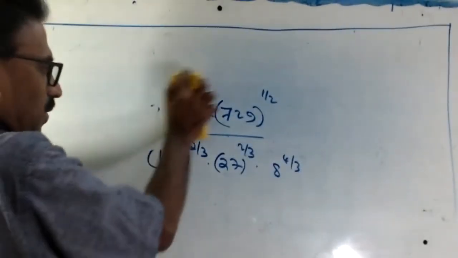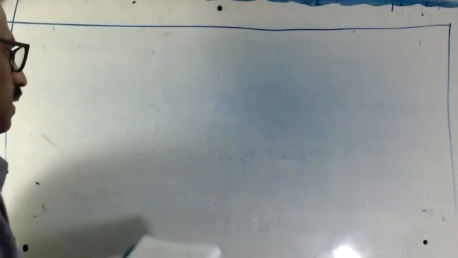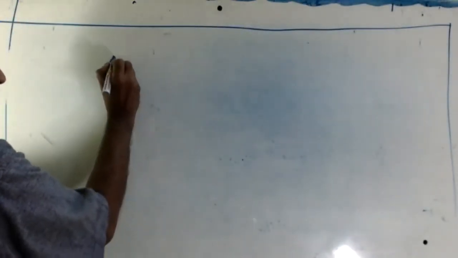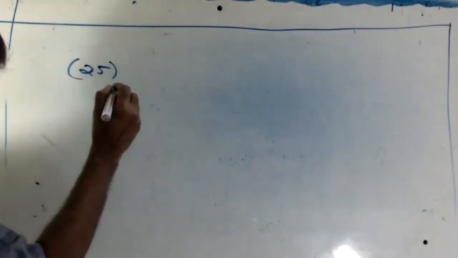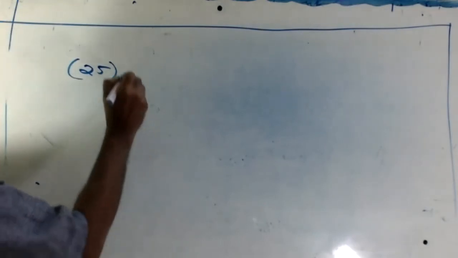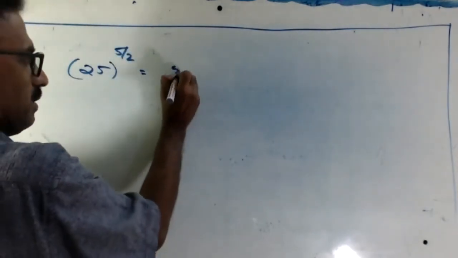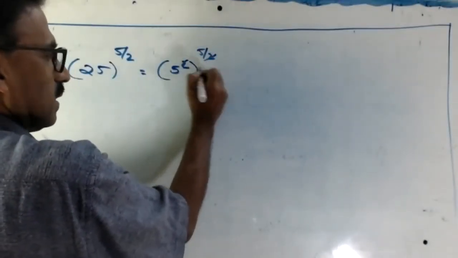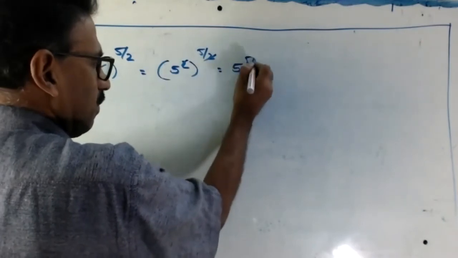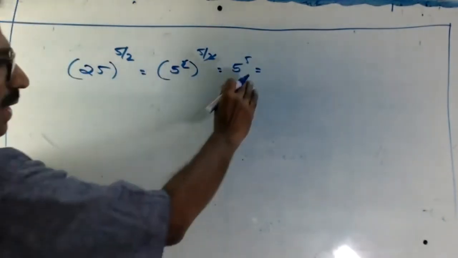Okay, look here. 25 raised to 5 by 2 is equal to 5 squared whole raised to 5 by 2. Cancel. The answer is 5 raised to 5. Keep it there, later we can simplify.